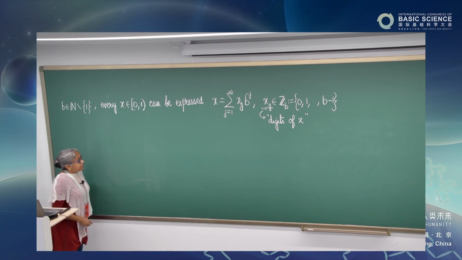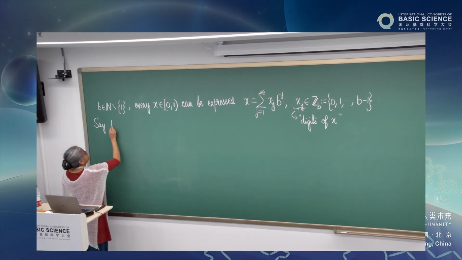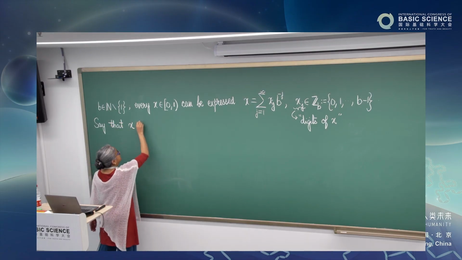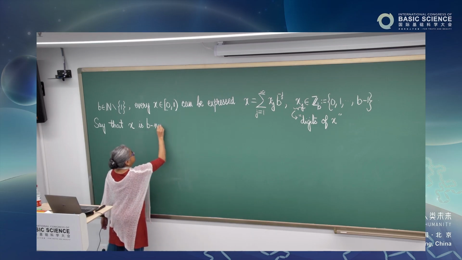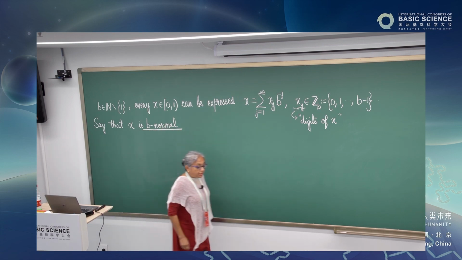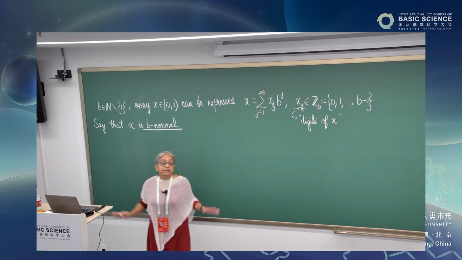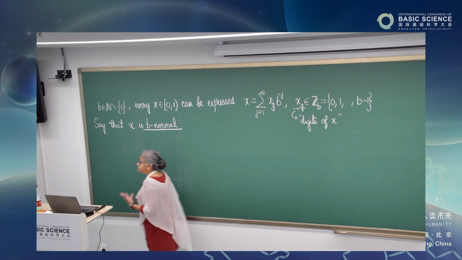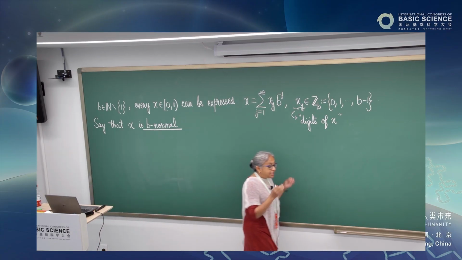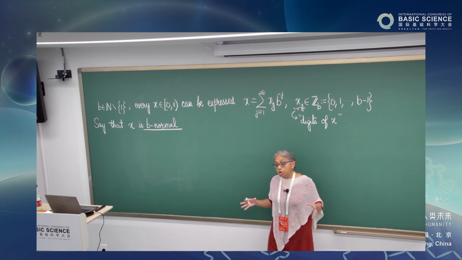We are going to say that x is b-normal if the number x is completely fair to all its digits. What does completely fair mean? It's not partial to any specific digit and also not to any possible block of digits.